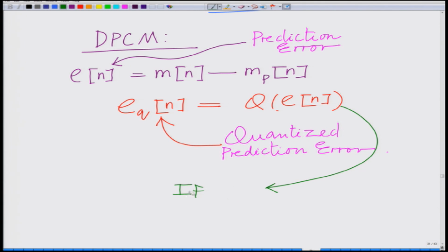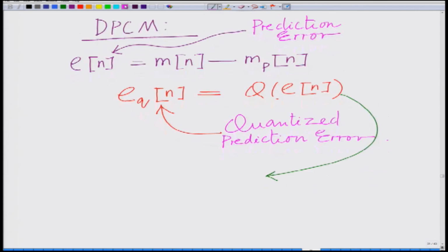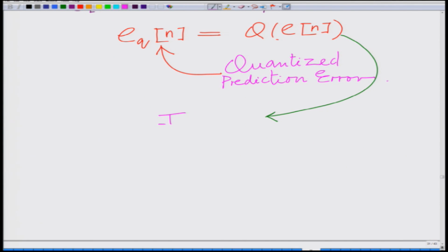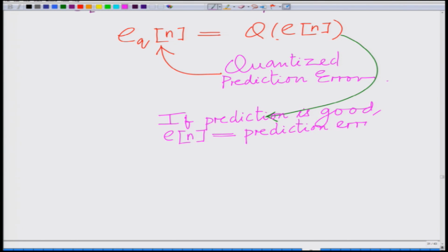If the prediction is good, it means mp[n] is a very accurate representation of m[n]. Then e[n], which is the prediction error, is lower.